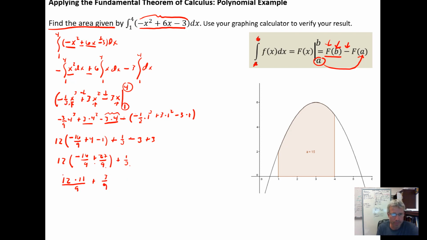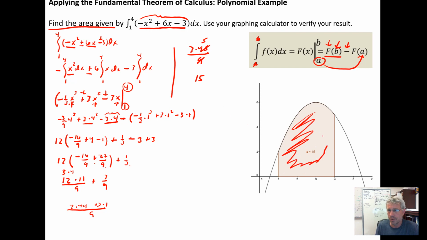And here, 12 is the same as 3 times 4, so I'm going to rewrite this numerator as 3 times 44 plus 3 over my denominator of 9. 3 times 44 plus 3 times 1 is 3 times 45 over 9, but 9 goes into 45 5 times, so 3 times 5 is 15, which is the area under the curve.